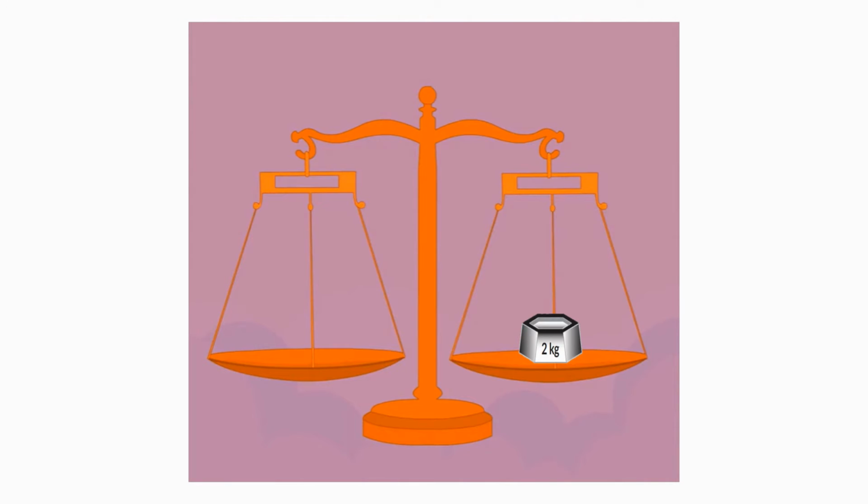So, how do we measure the weight? Some vendors, like the one selling vegetables, use a common balance and different metallic weights. They keep the things that we wish to buy on one side and the required quantity of weight on the other side and balance them equally.